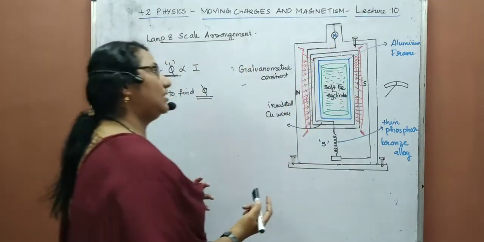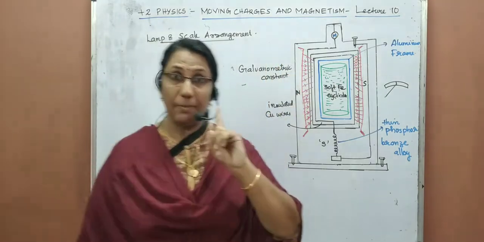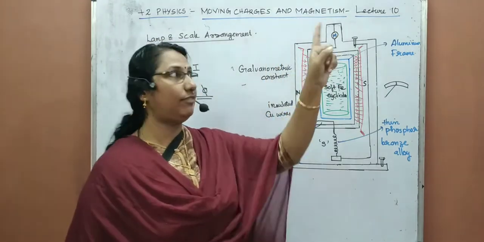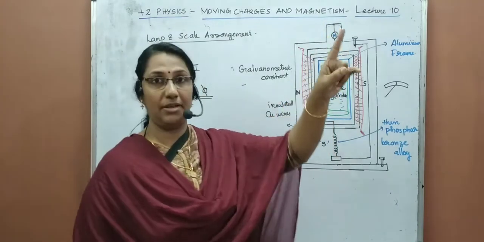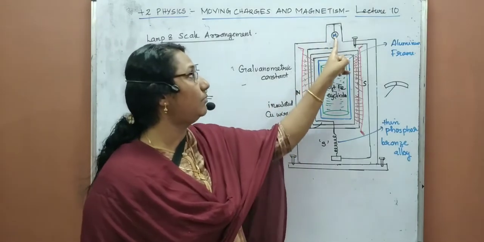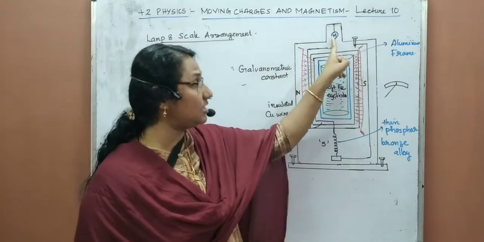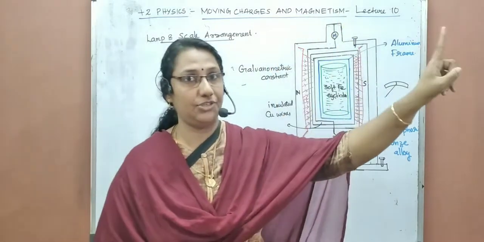Okay, what is the thing? The thing is very simple. At first you have to put a meter scale in front of the mirror, 1 meter away from it. That is, from this mirror, a meter scale is kept 1 meter away from it. Okay.